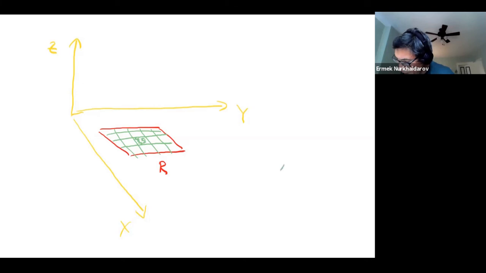We take the area of Rij, which I'm going to call delta A. That's the area of that shaded small rectangle. And we multiply it by the value of the function at a point somewhere in that rectangle. So we pick a point, and then we multiply that area by the value of the function at this point, x i, y j.